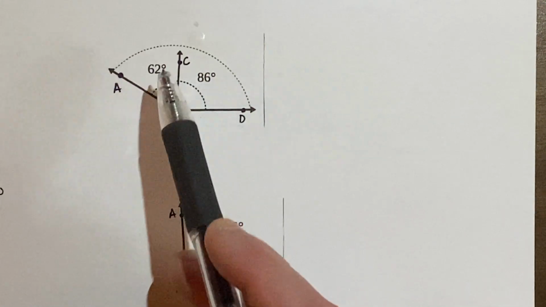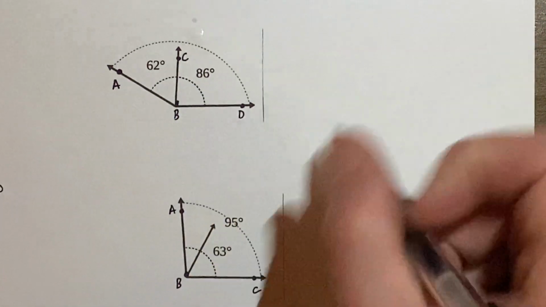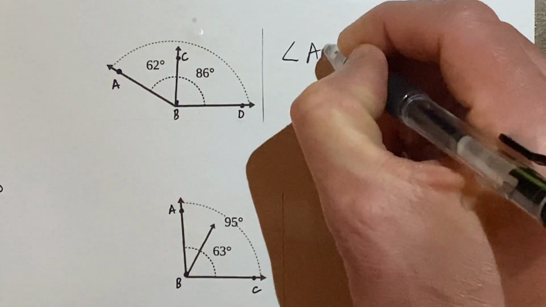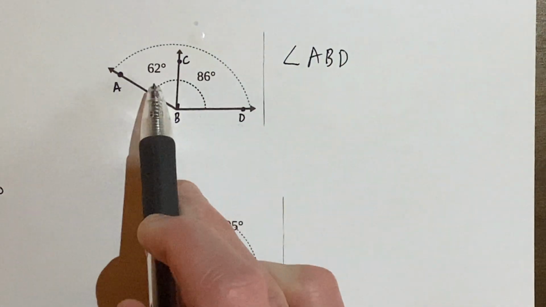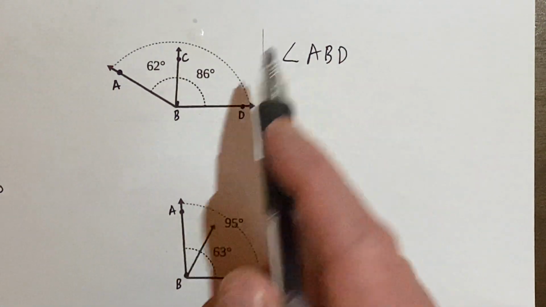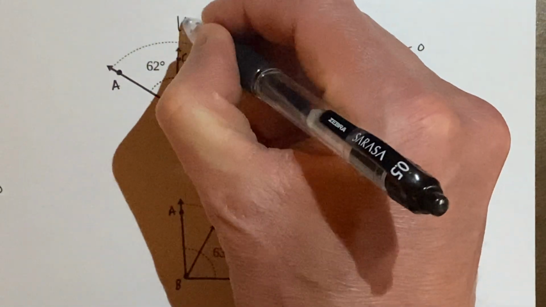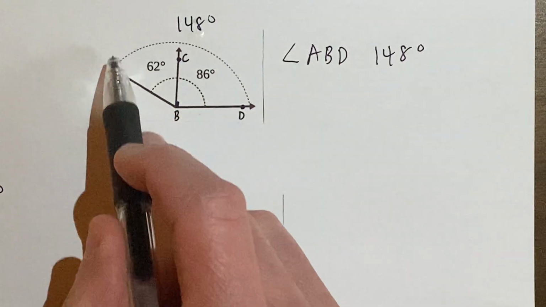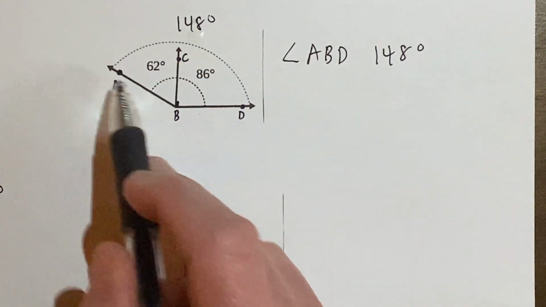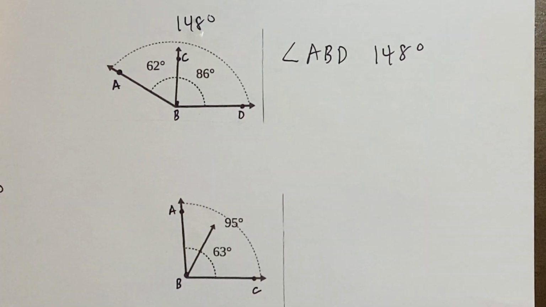So now all I need to figure out is what the entire angle is. What is ABD? So angle ABD is simply adding 62 degrees plus 86 degrees, which would give me 148 degrees. So this whole outside is 148 degrees from ABD. And that makes sense because this is also obtuse, greater than 90 degrees.